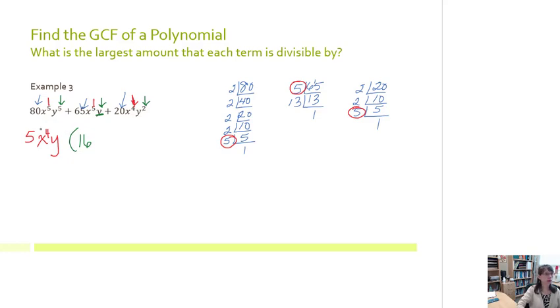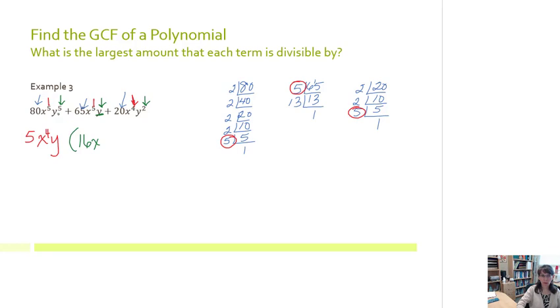Now we go to the variables. We have x to the 4th. We need x to the 5th. So do you see how there's an x missing? So we'll include the x. Now compare bases of y. We have y to the power of 1. We need y to the power of 5. How do you get from 1 to 5?